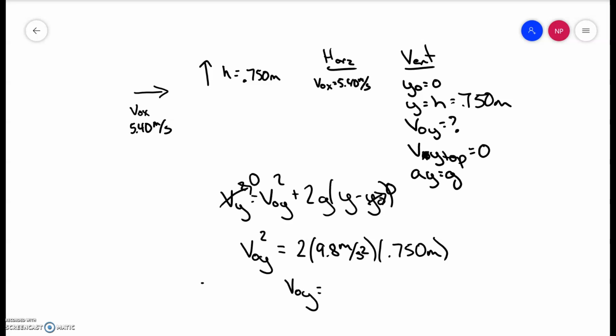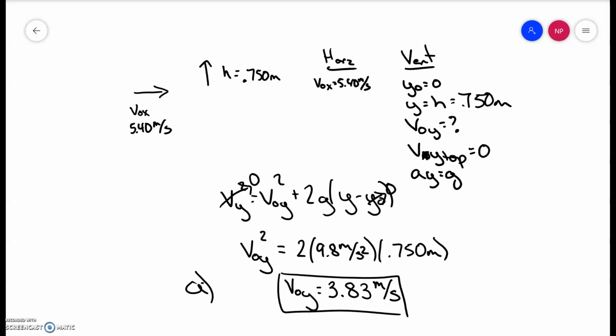I should point out that this would be a negative on this side, but then that 9.8 would be negative, so they kind of cancel out. So my initial y velocity, of course, is going to have to be upward. I got 3.83 meters for every second, just using 3 figs. So now once you have that, that's part A, finding that minimum y velocity there.